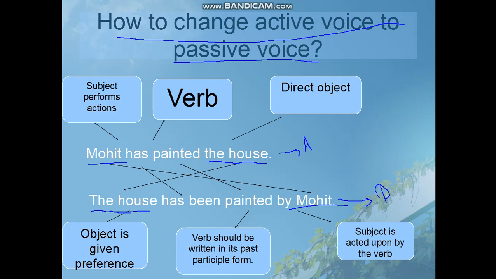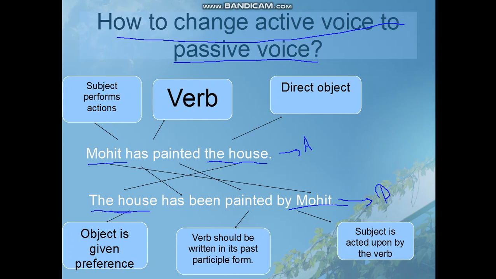What are we trying to tell? For example, Mohit has painted the house and someone asks, who painted this? The answer will be, Mohit has painted the house. We are giving importance to Mohit.